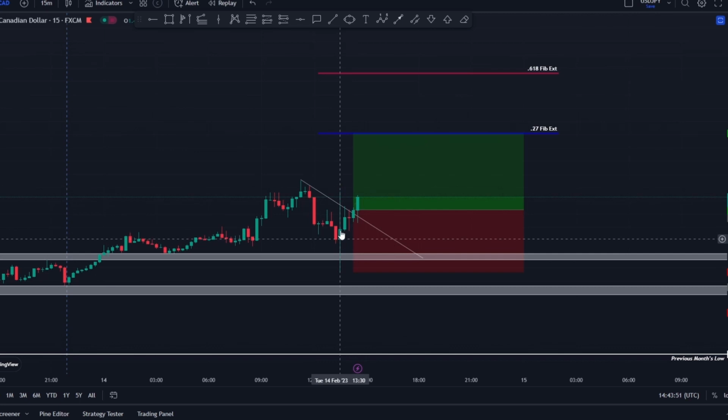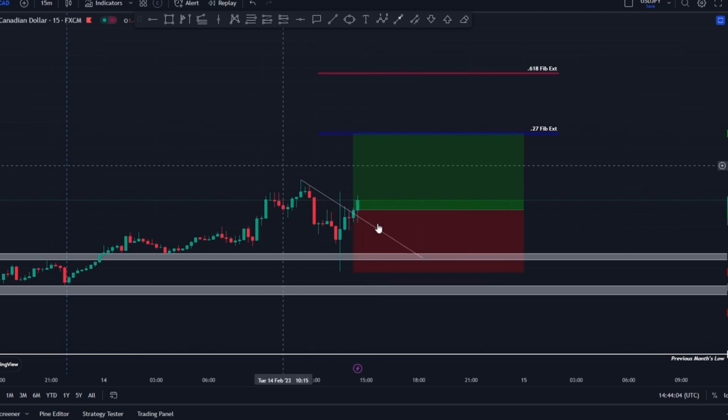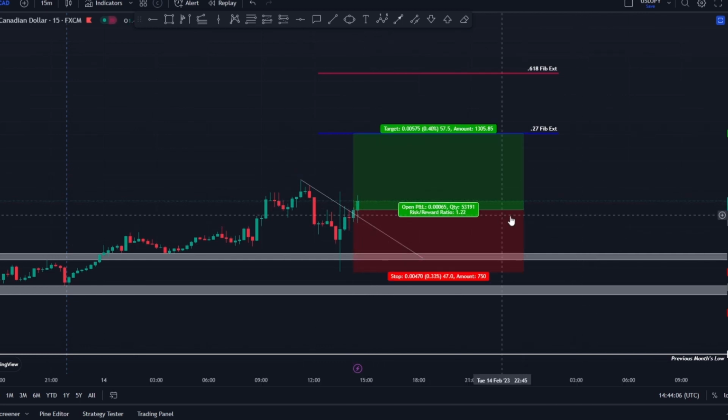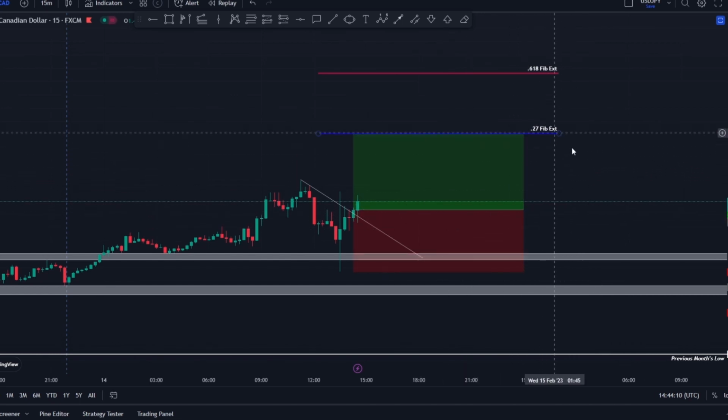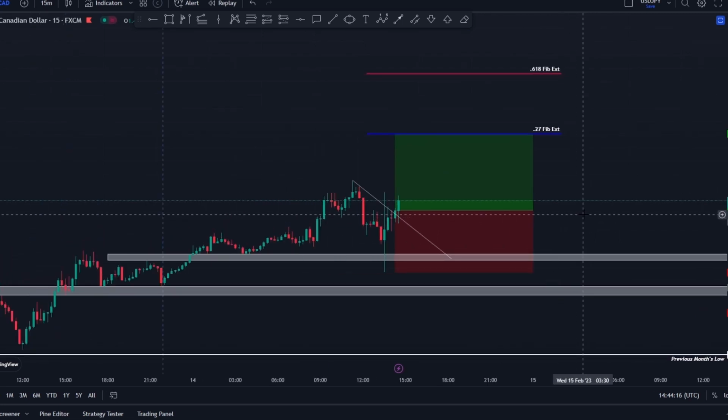You can see during CPI, the bullish push, they couldn't close above the counter trend line, and we kind of stalled around this level for several minutes. You can see right here, and then we had this bullish break of the counter trend line. So I'm currently in this trade expecting price to hit the 0.27 fib, and basically that's the entry. So I'll be back with an update.